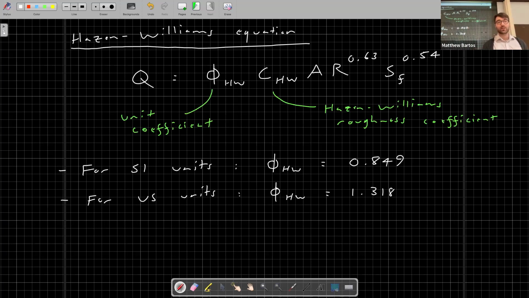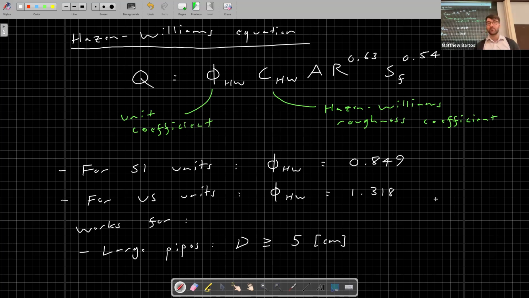So in particular, this works for large pipes, with a diameter greater than or equal to about 5 centimeters. And moderate velocities. And by this, I mean velocities that are less than or equal to about 3 meters per second.